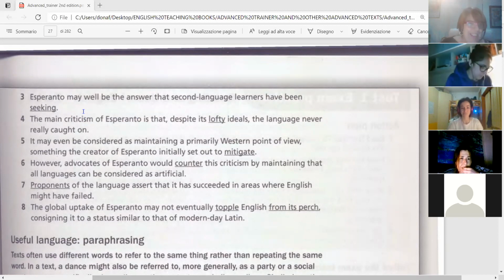You've been lucky. Trying to do this number 4 as well, Marta. The main criticism of Esperanto is that despite its lofty ideals, the language never really caught on. It's like not beautiful, but good ideals. High. Yeah, very high ideals.